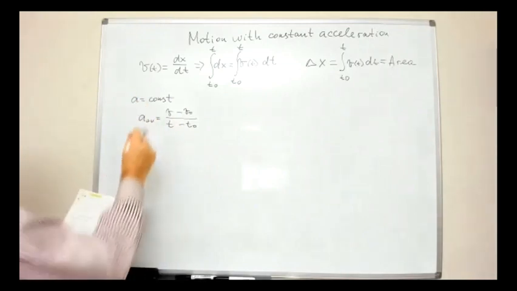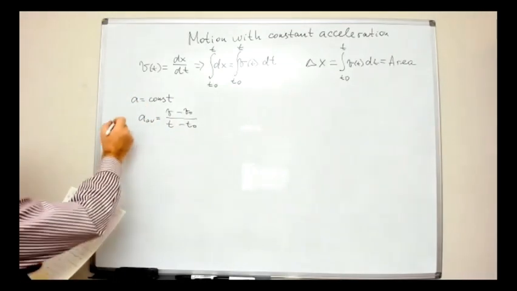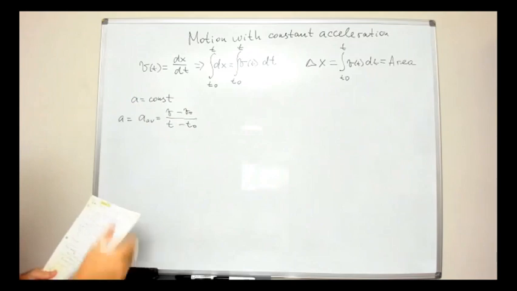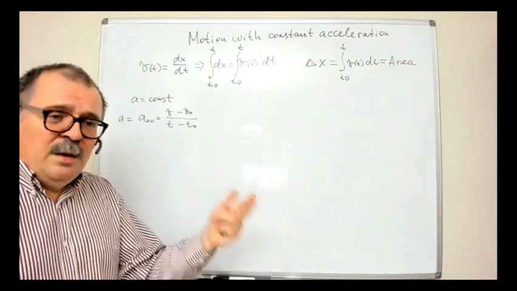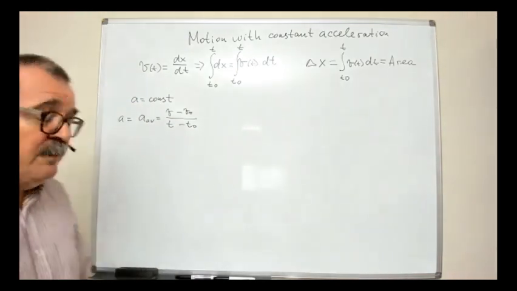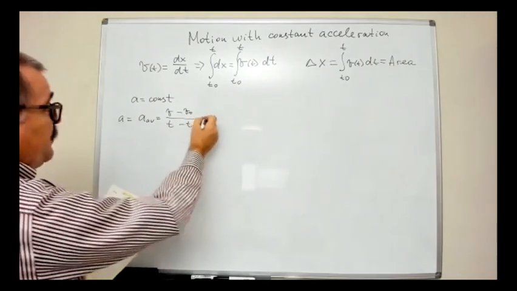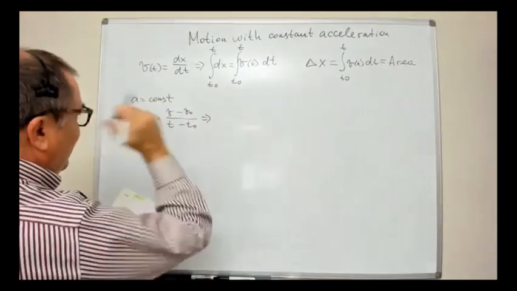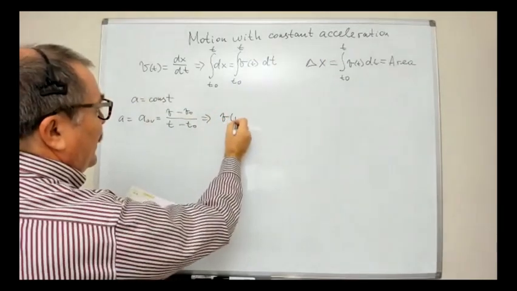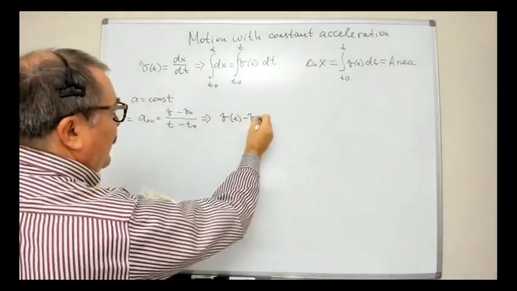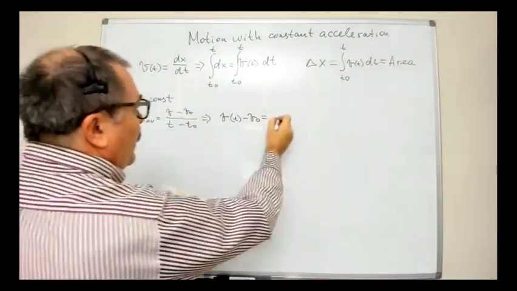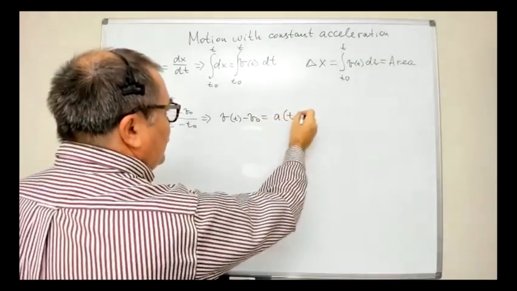So in this case, average acceleration and instantaneous acceleration must coincide, because acceleration is a constant. So from this formula, we can see that v at time t minus v0 must be equal to a times (t minus t0).